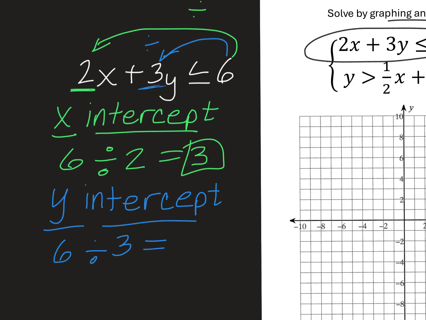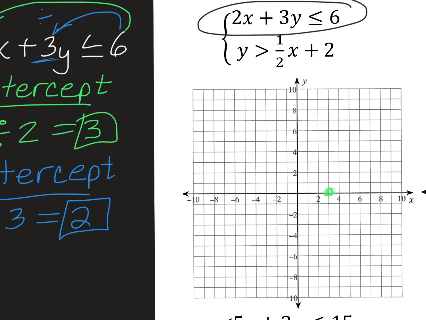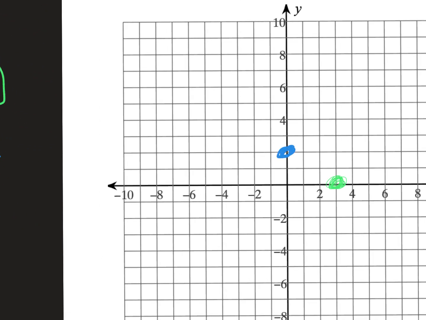So 6 divided by 3 equals 2. So I am going to go over to my graph, and I'm going to graph that 2 on the y-axis right here.